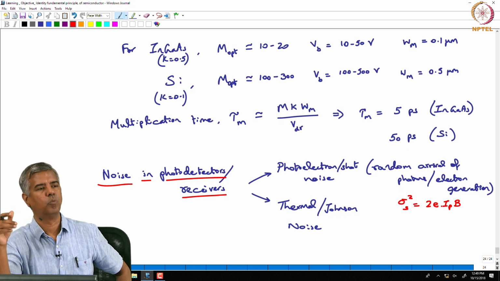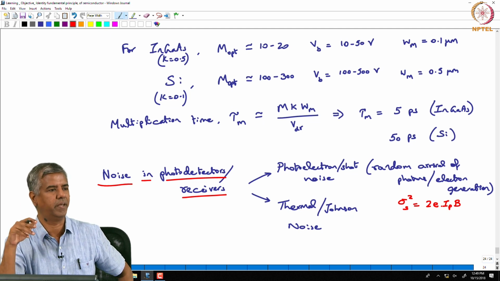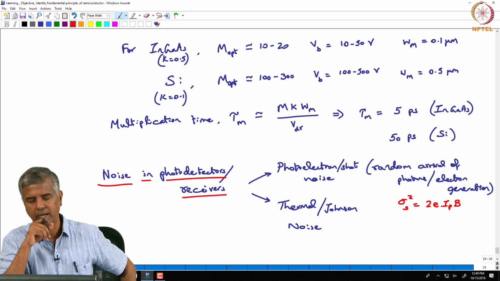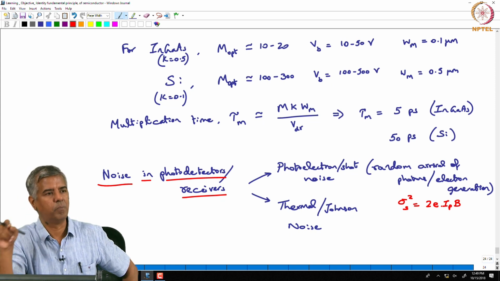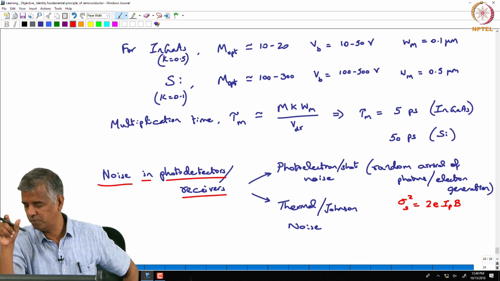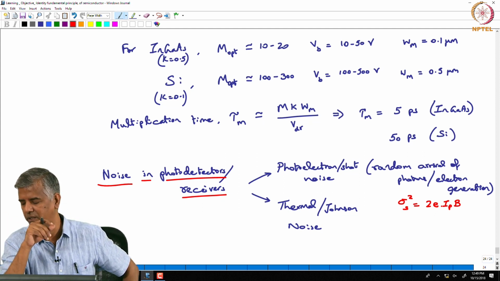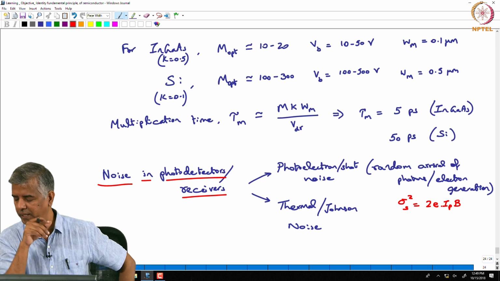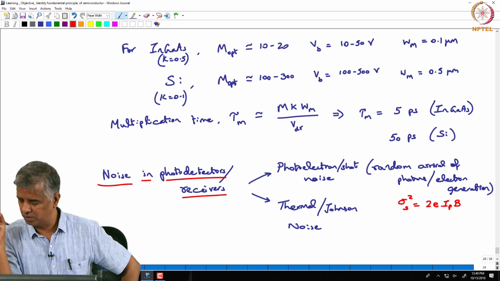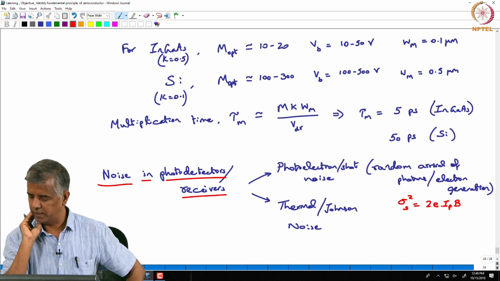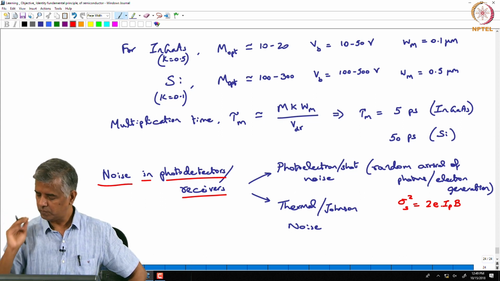We were saying more photons will give you more variance. Remember, we were talking about Poisson statistics for the arrival of photons, and there the variance was proportional to the number of photons being collected. Here we are talking about that corresponding to the photocurrent that we are picking up.